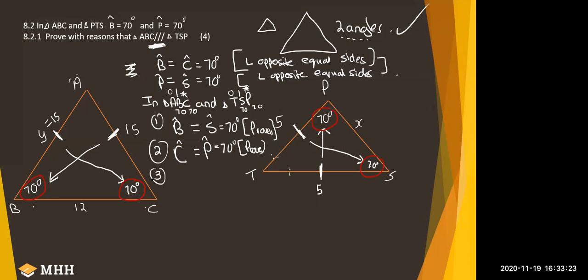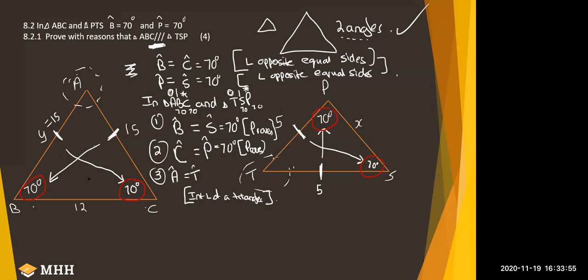Now for the third one. The third one is going to be angle A because we didn't work with A and we didn't work with T. So I can just say now that angle A will be equal to angle T. And the reason why they will be equal is because of interior angles of a triangle, because that adds up to 180.